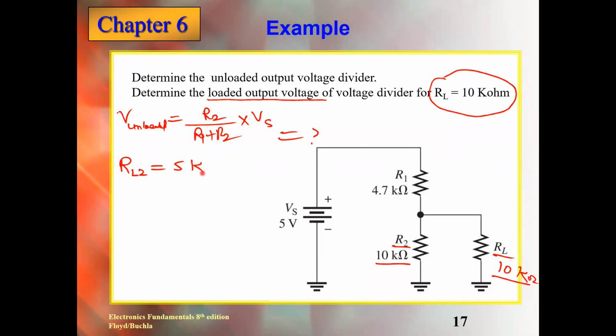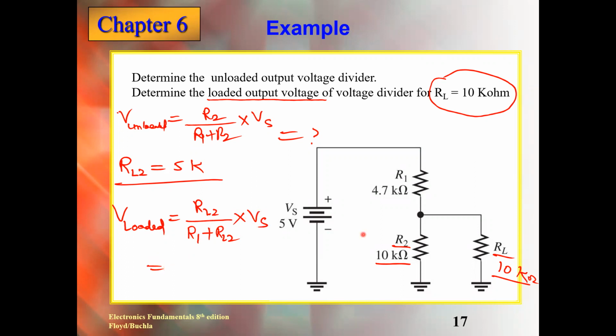Now I have RL2. After knowing RL2, I can get V loaded. Tell me the formula. V loaded equals RL2 over R1 plus RL2, multiplied by VS. Exactly, this is the way.